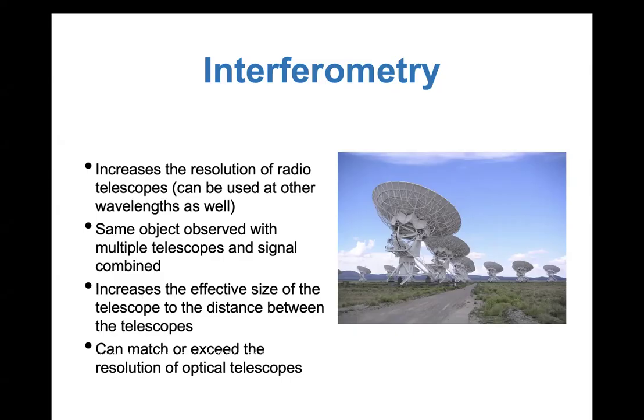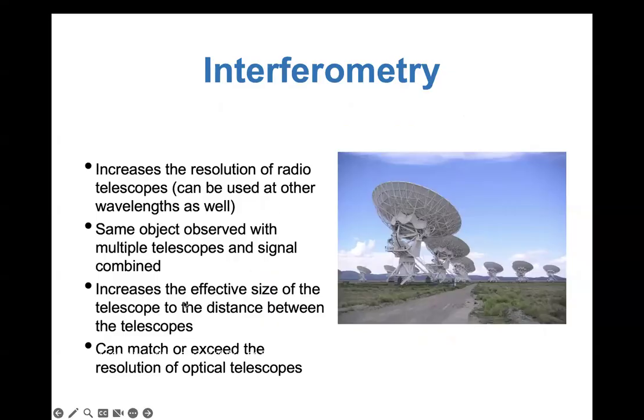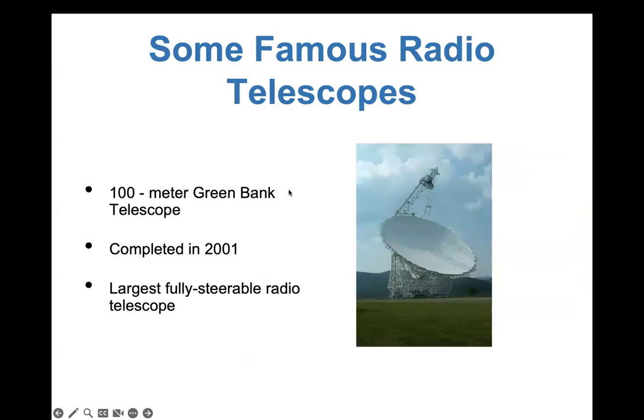So often there's the big connected sensor at a particular position, which is the focus point of that curved mirror. But when you have many of them operating together, you've got that increased effective size. You can really have them all operate like a single dish that is the size from one edge of the array to the other. Okay?